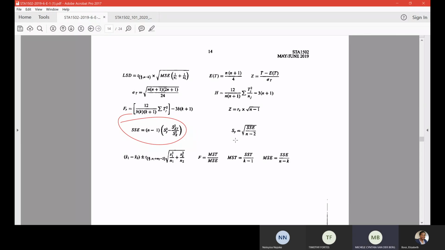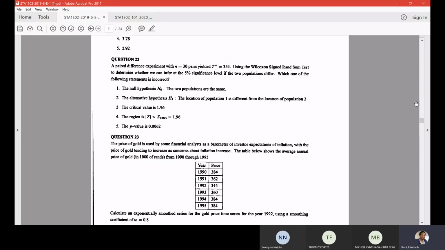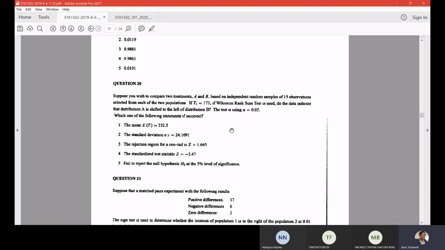Because then I get option number 1 as the answer. Yes, you will have to go and work it out. I'm not going to work it out here because of time as well.